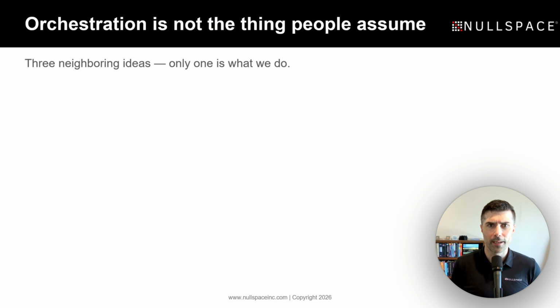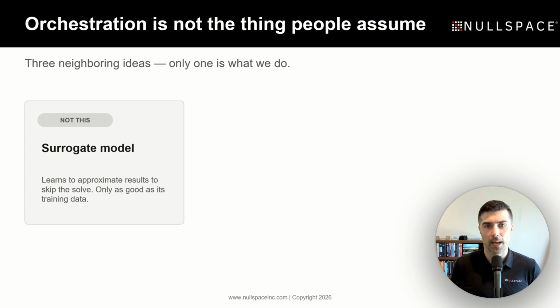So what then is LLM orchestration? Well, let's take a moment to talk more about that particular topic. First, it's not a surrogate model. A surrogate learns how to approximate your results so that it can skip the physics-based solve. That approach can definitely be useful in some contexts, but it's an approximation, and it's only as trustworthy as its training data.